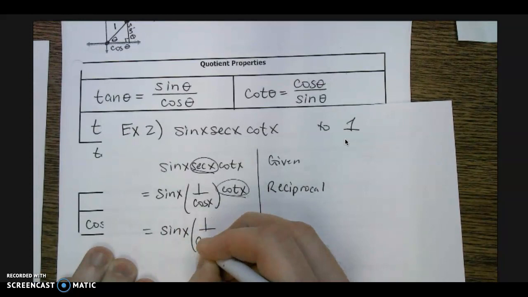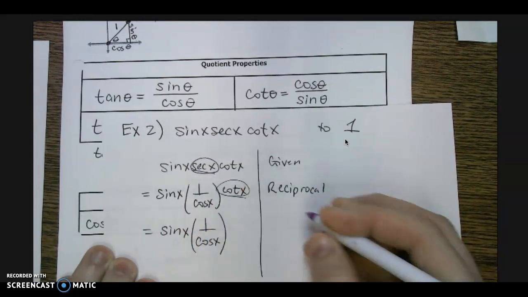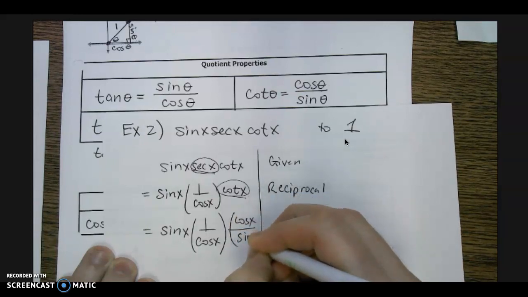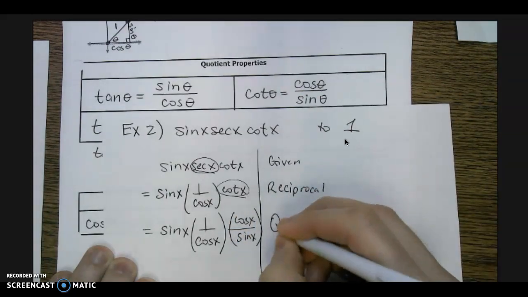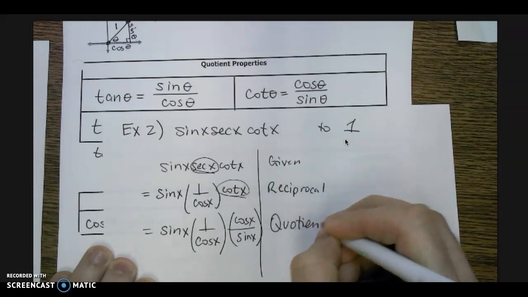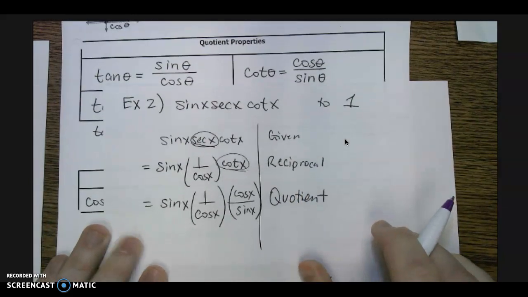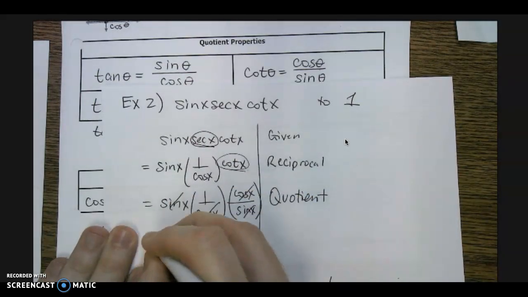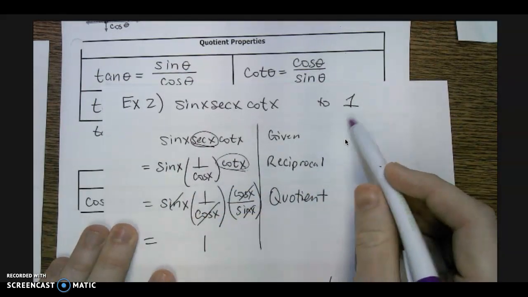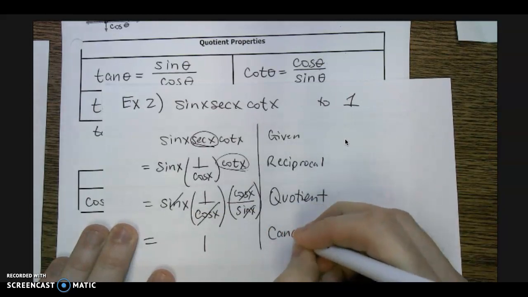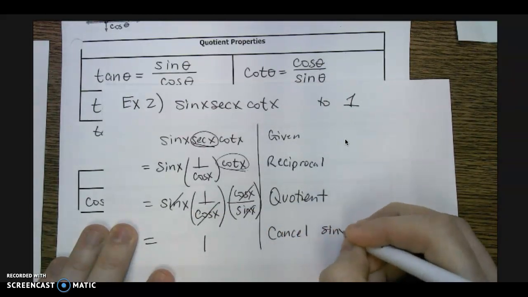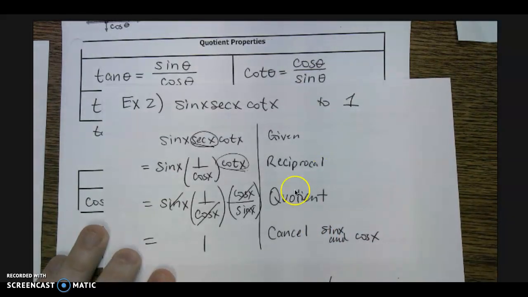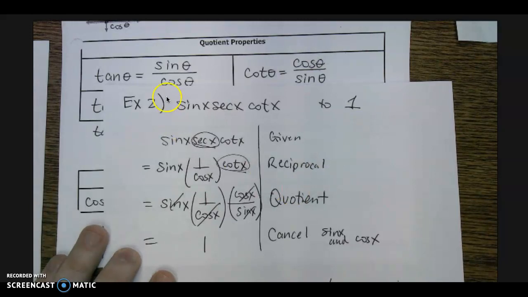So I've got 1 over cosine, and then cotangent is cosine over sine. And that was a quotient property. Now I'm going to simplify. So cosines cancel, and sines cancel. Everything cancels. You get 1, and that's what they wanted. And so here, just say what you did. We canceled sine and cosine. And that's example 2.